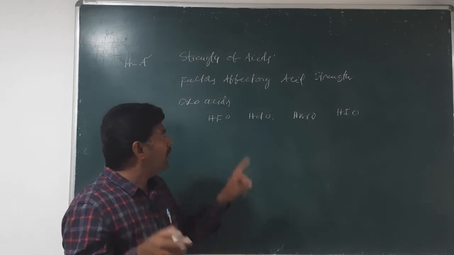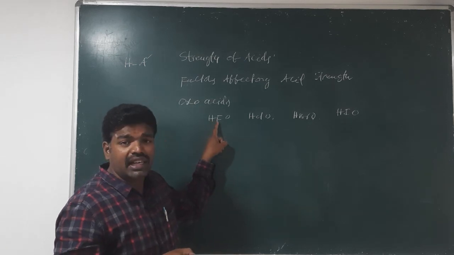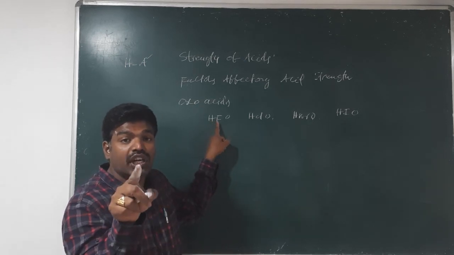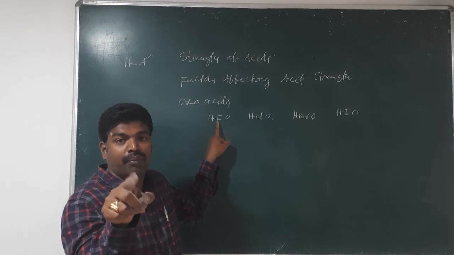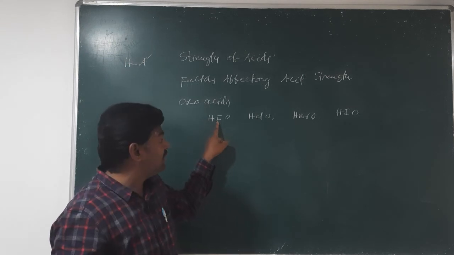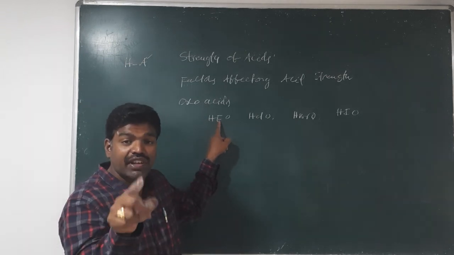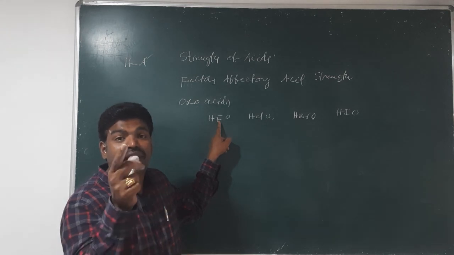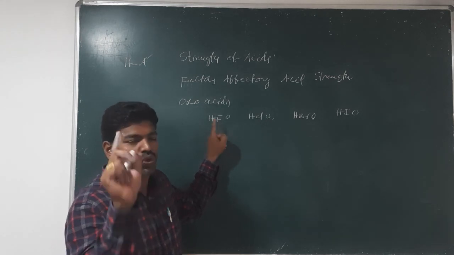The central atom with the highest electronegativity can make the acid strong.